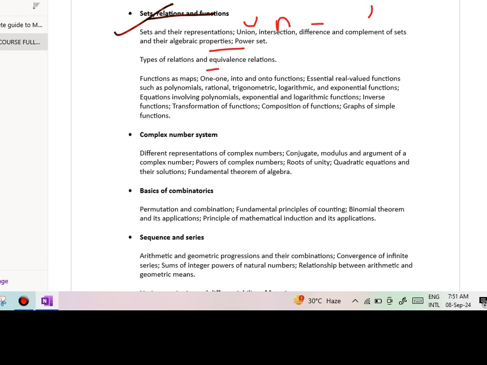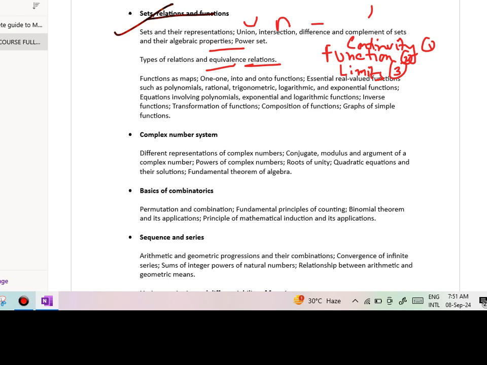There are types of relations and equivalence relations. We know there are certain concepts like functions, limits and continuity.